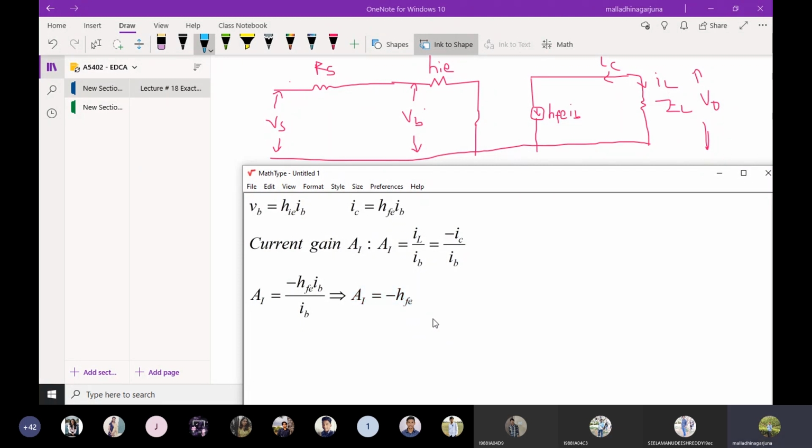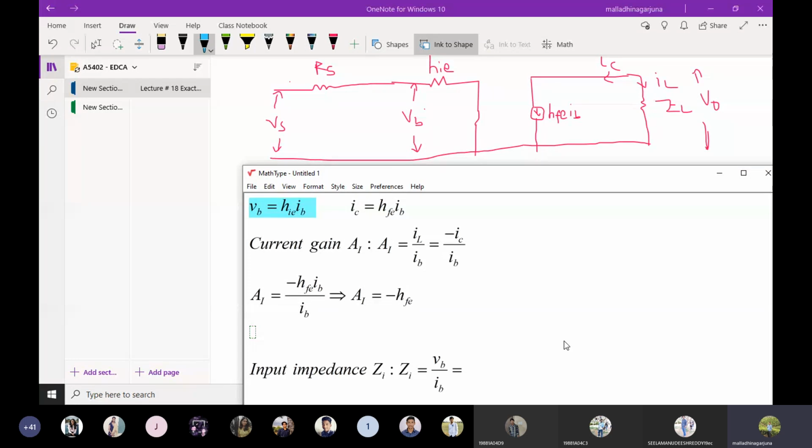The next one, input impedance. ZI equals what? The basic formula is VB divided by IB. What is the basic equation for VB? VB equals HIE into IB.